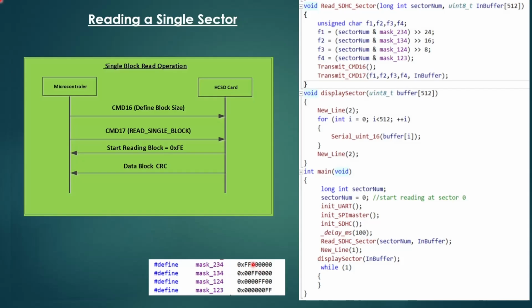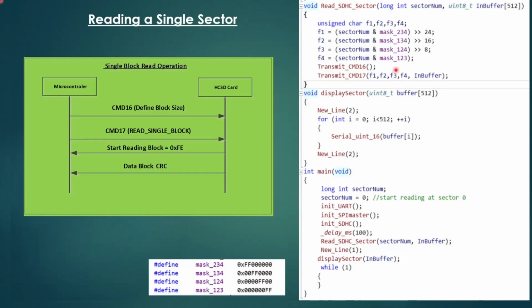It is all zeros except for the last 8 bits, which are FF. Then we do the same for the second set of 8 bits, the third, and then the least significant, from most significant to least significant.